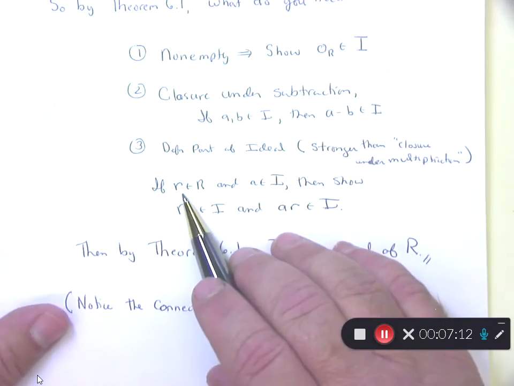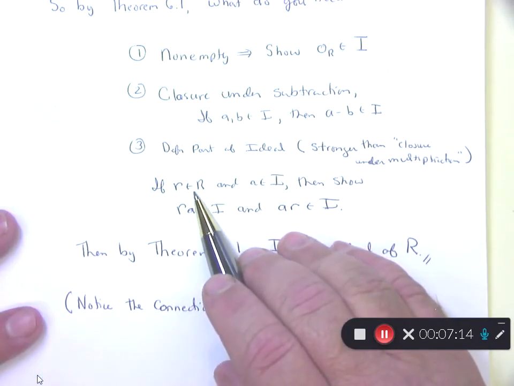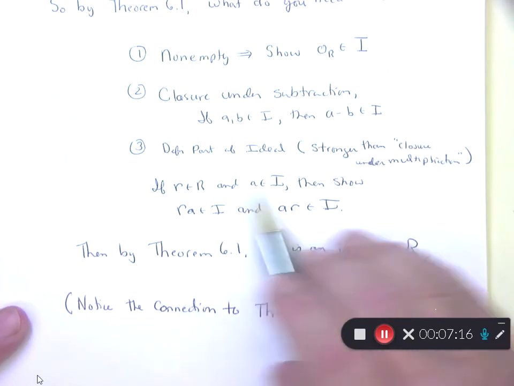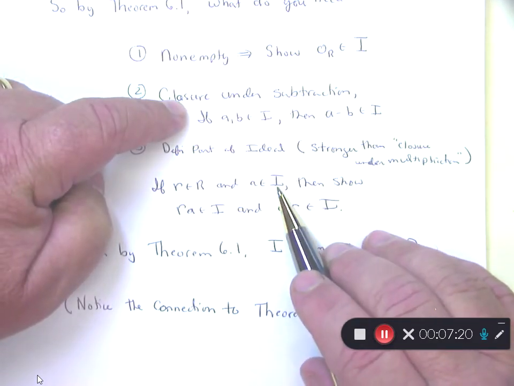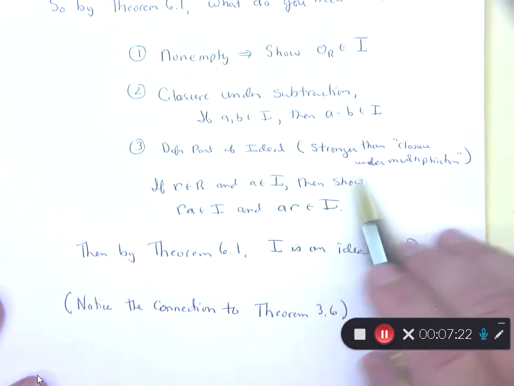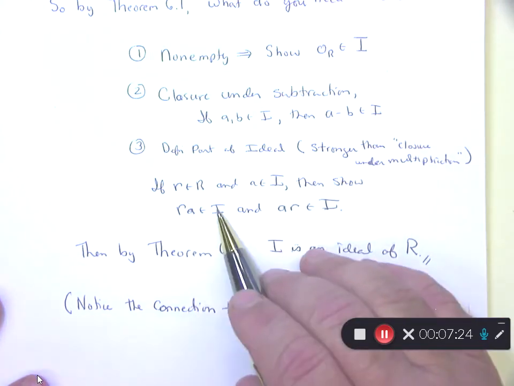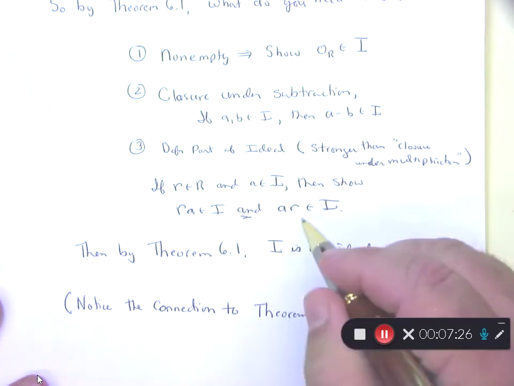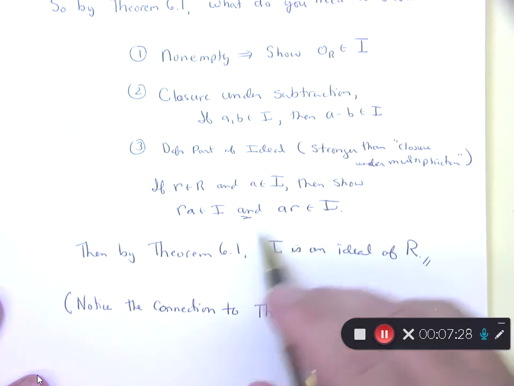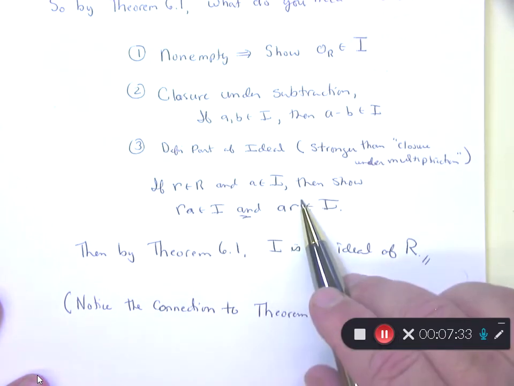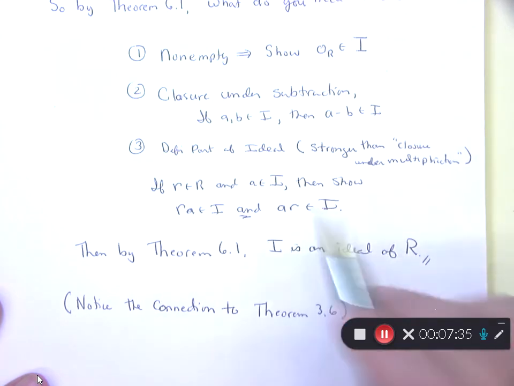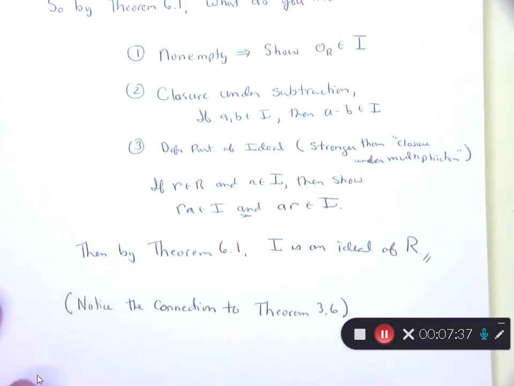It's that part that if you give yourself an arbitrary element inside the ring, and you give yourself one of those elements up here, just one of them, A, inside of I with all its properties, then I'm going to show R times A is in I, and I have to show A times R is in I. Now, if I happen to have a commutative ring, they're equal to each other. That's why we love commutative rings. Then all I have to do is show up one time and state the fact that it's commutative and be done with it.